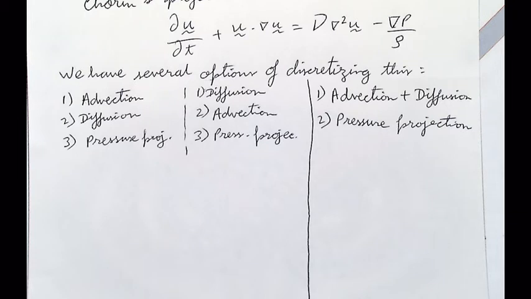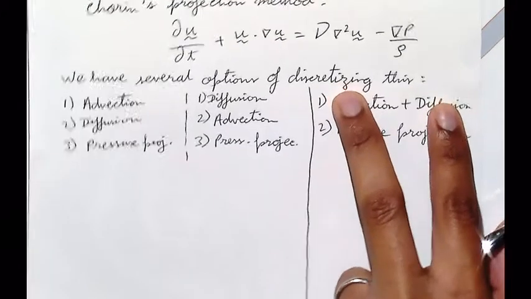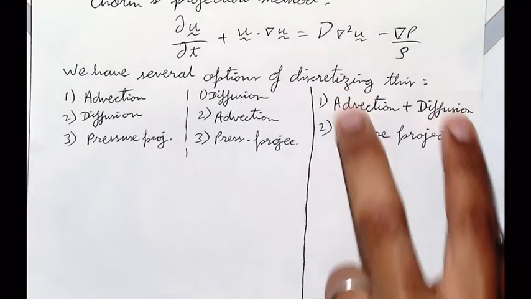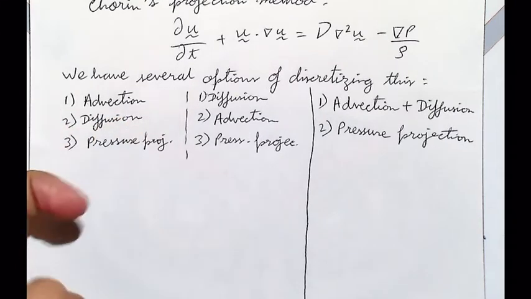The third one will have less error, because we are not splitting advection and diffusion. So we reduce the amount of error we introduce at each step.